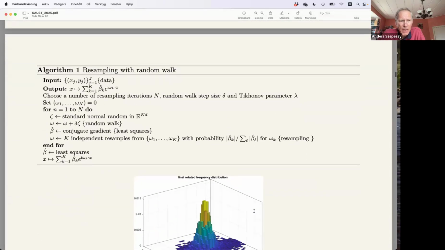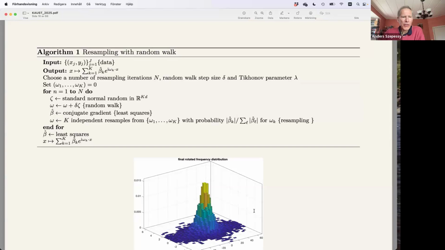Okay, so I will soon describe the theoretical result, the proof a little bit, but first some numerical results. So what does the resampling algorithm do? You have some input data and you want to form a neural network like this. And now we will have to iterate.